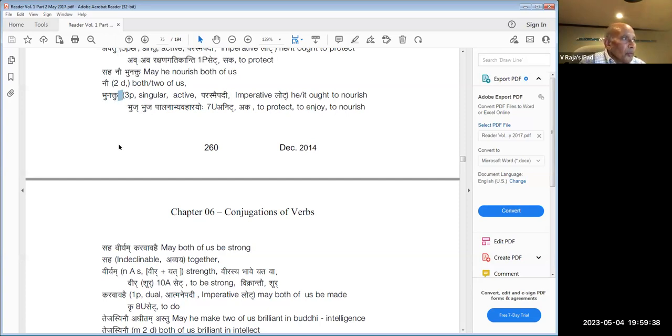Saha viryam karavavahai. You should look at karavavahai. And what is this karavavahai? You have to look at vahai here. And then you look at the table.